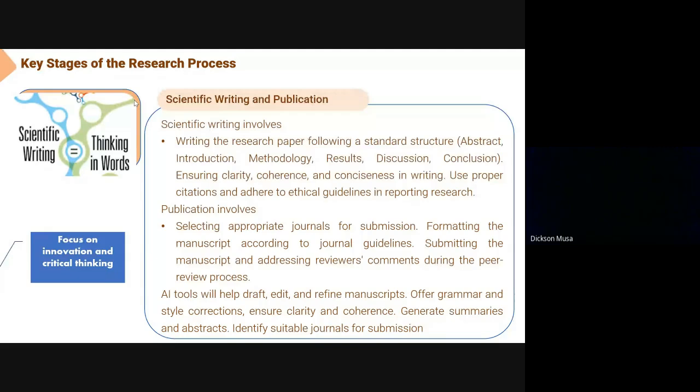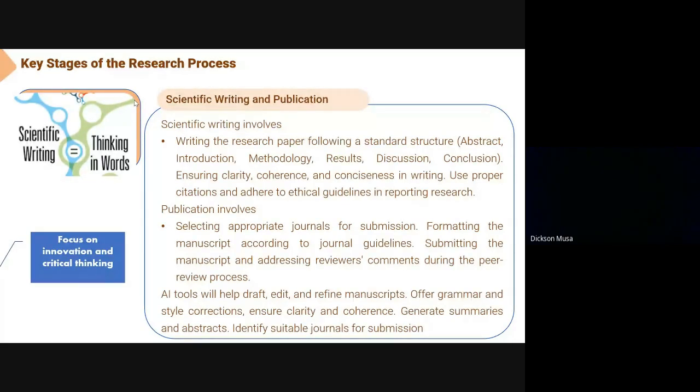In scientific or academic writing, proper citations are made and all ethical guidelines are adhered to in reporting our research.